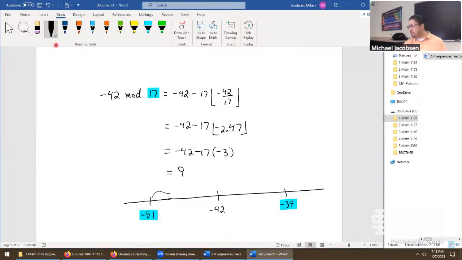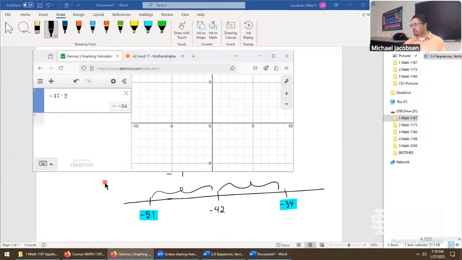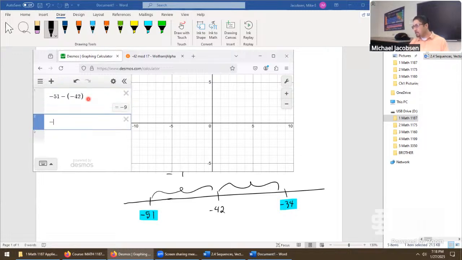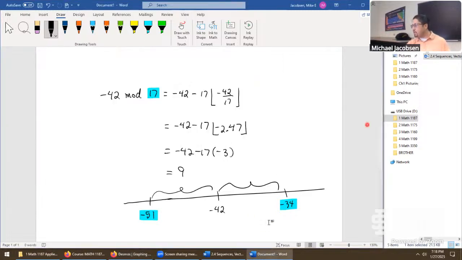The distance from here to here compared to the distance from here to here, let's work those out. I have negative 51 minus negative 42, and negative 42 minus negative 34. So I have a distance of 8 and a distance of 9 going here and here.